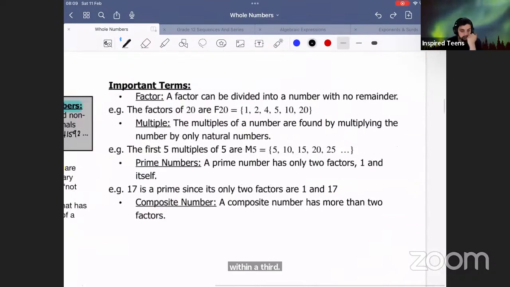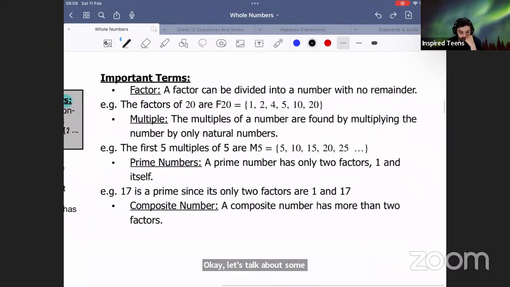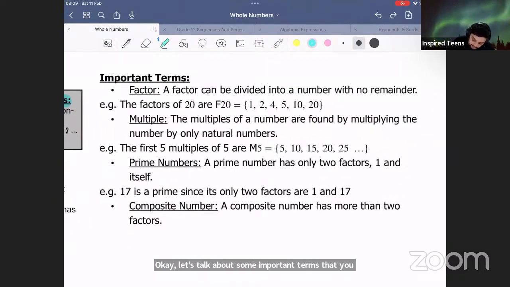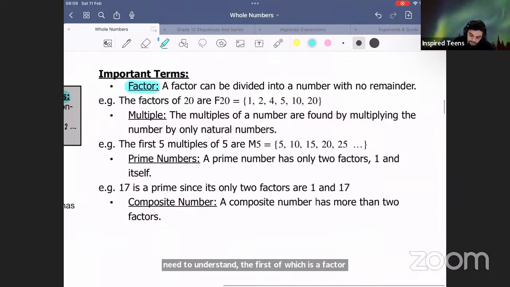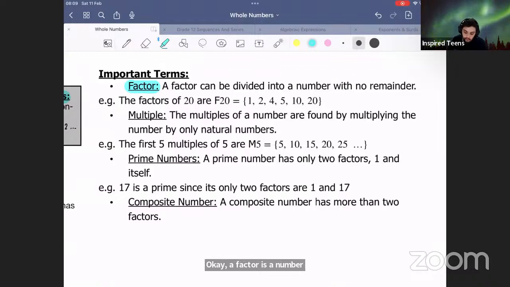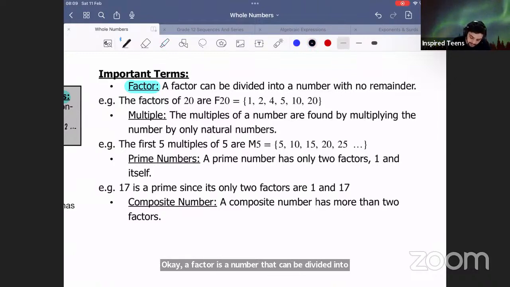Let's talk about some important terms that you need to understand. The first of which is a factor. A factor is a number that can be divided into another number with no remainder. Example, the factors of 20 are 1, 2, 4, 5, 10, and 20. So again, a factor is a number that can go into another number an exact amount of times.